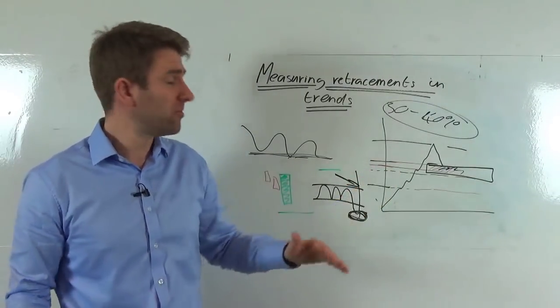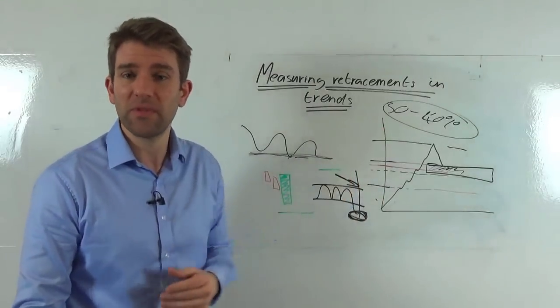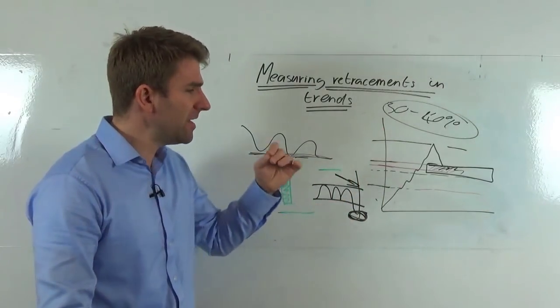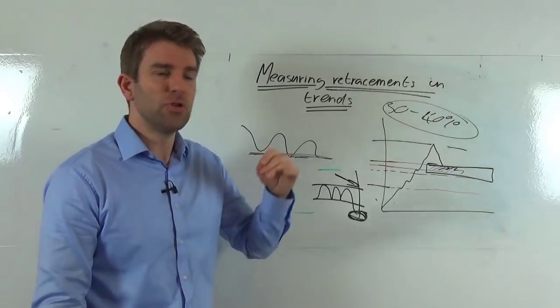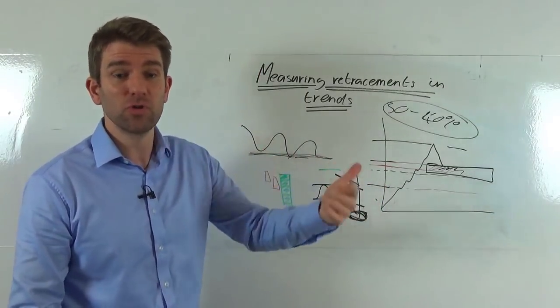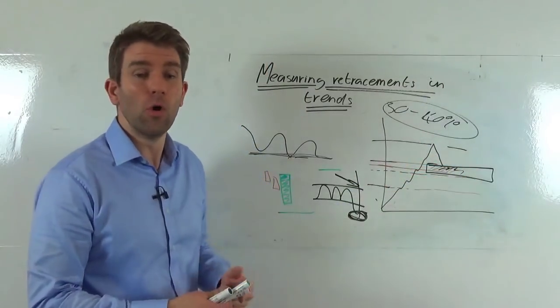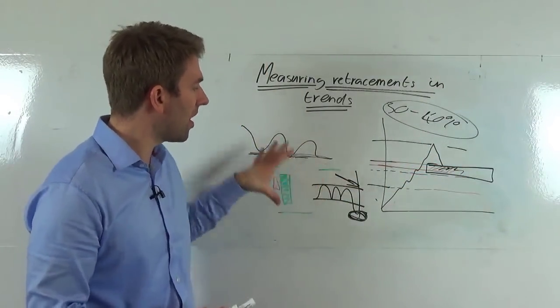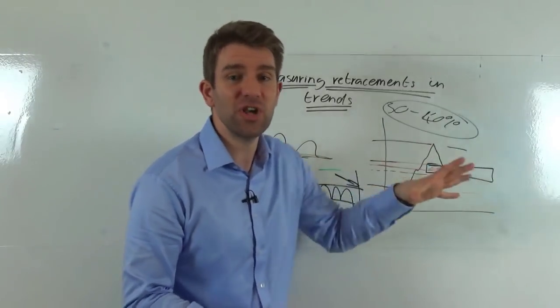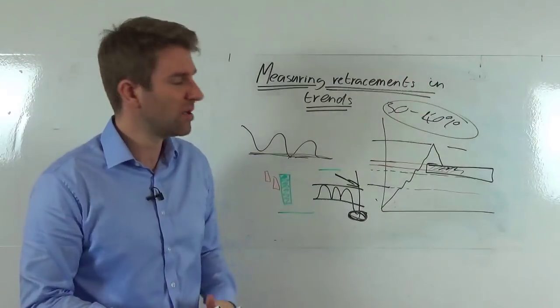I'm sure some platforms will allow you to even use a 30% off highs alert, and you can screen with it on FinViz or something like that. But at least then, once you're aware of it, you don't chase it, you know the level you want to get interested in, and then you've got the two choices. You either pull the trigger straight away when it hits some level there, or you look for some kind of price action pattern that might suggest a reversal is happening, within the broad sense of the trend.